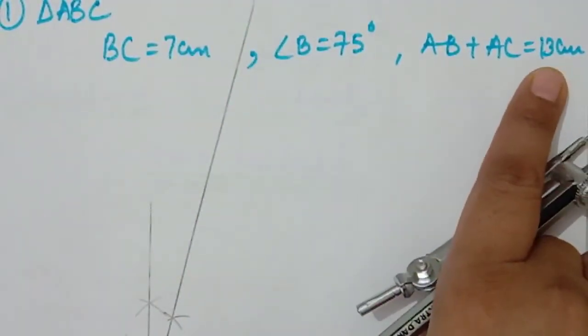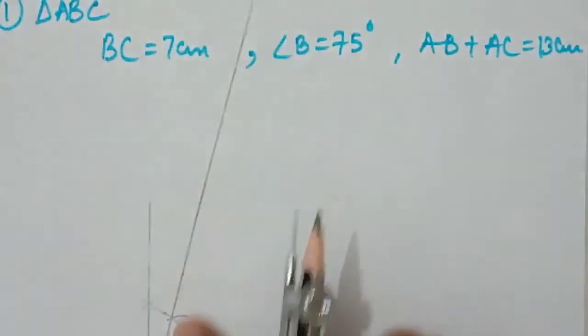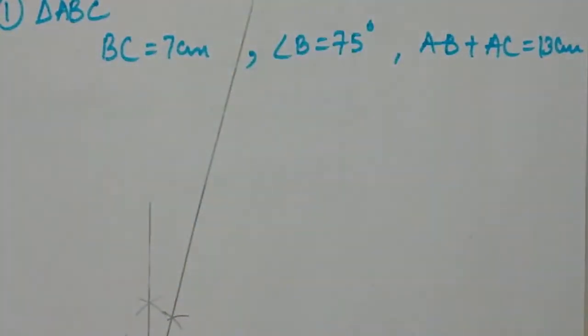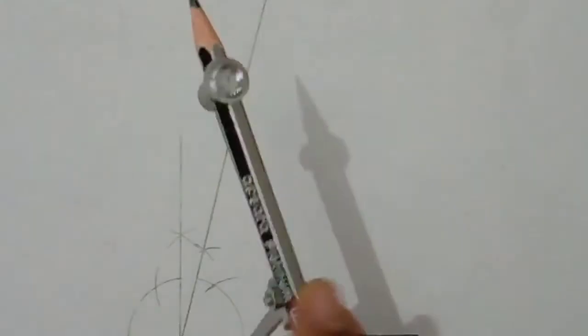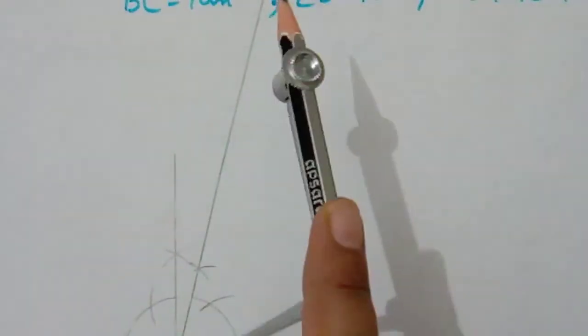So we have to mark 13 centimeter on this angle line. We open our compass as 13 centimeter, and if it is not possible in the first attempt, you have to mark it in 2 times. Then we mark an arc on the given angle line.